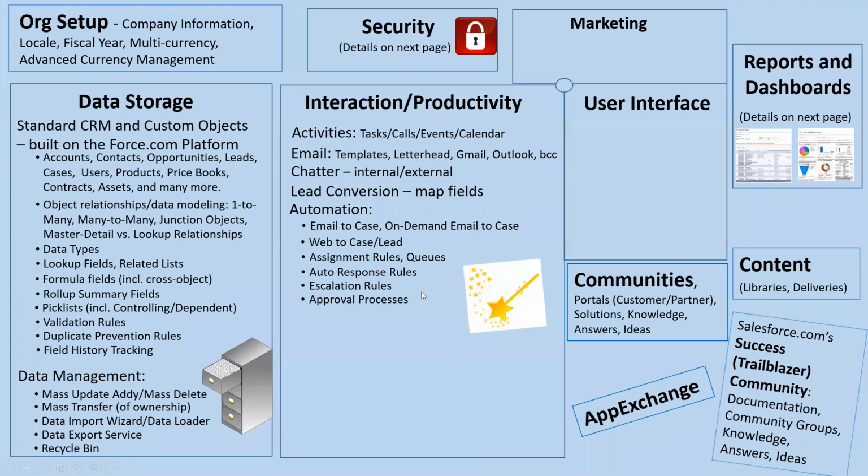And approval processes is a really complex and rich automation tool that lets you set things up so that users can submit a record to be approved by one or more other people that need to approve a record before it can progress to a next stage in the process.